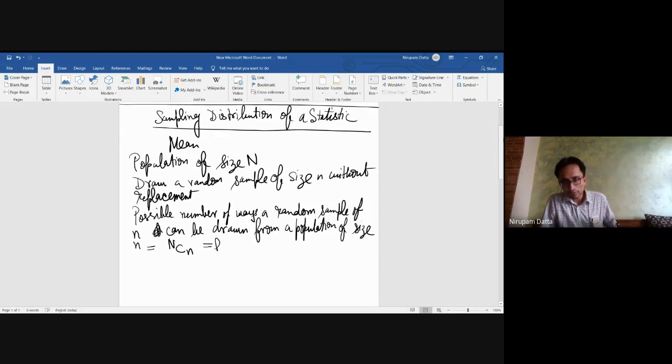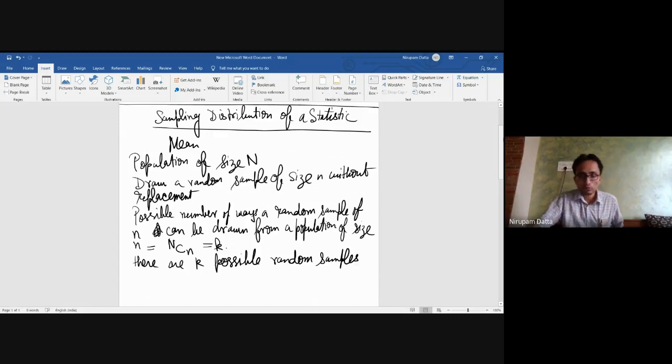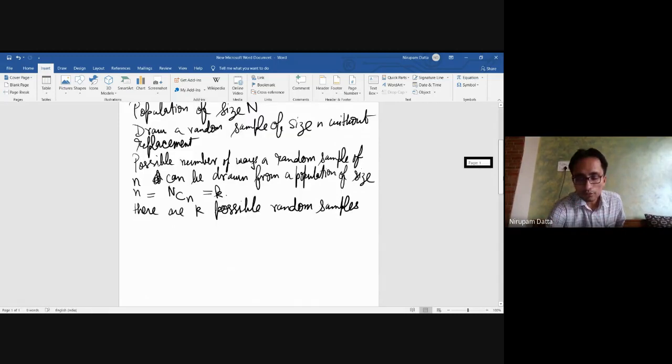Let this number be equal to K. So that means there are K possible random samples.